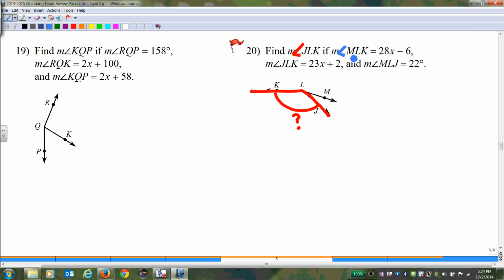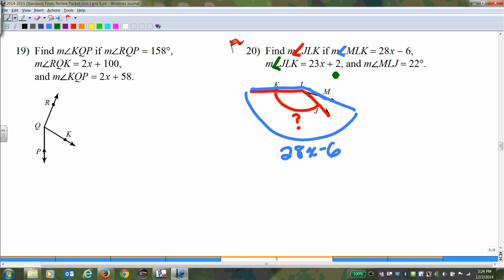We are given MLK, so there's M, there's L, there's K. That means the big angle I'm going to trace and sweep on the outside here is 28x minus 6.